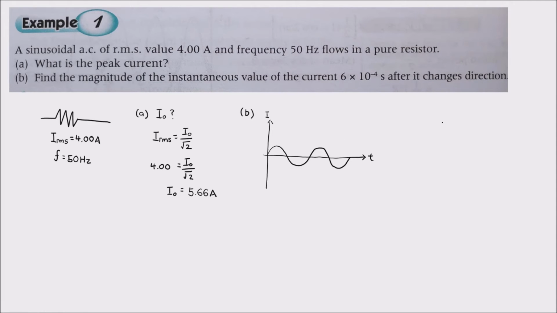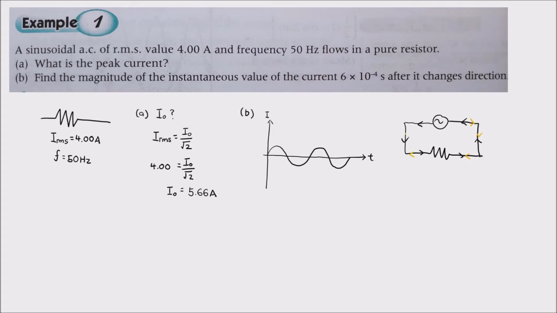What does it mean? Let's say you have an accumulator connected to a pure resistance. Your current will be changing direction, right? At one moment, the current will probably be flowing like this. Then the next moment, you might see that the current changes direction and flows the other way, like this instead.